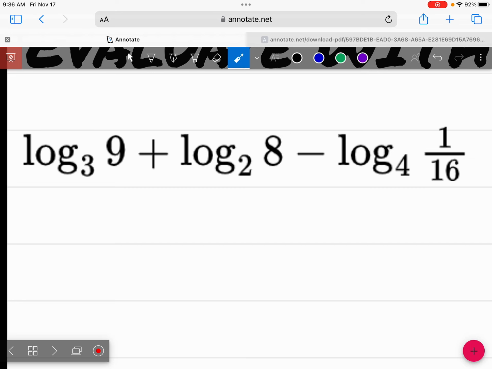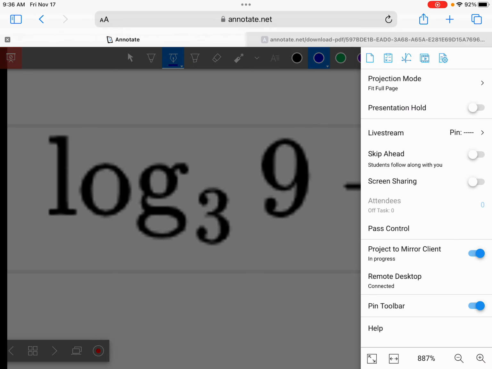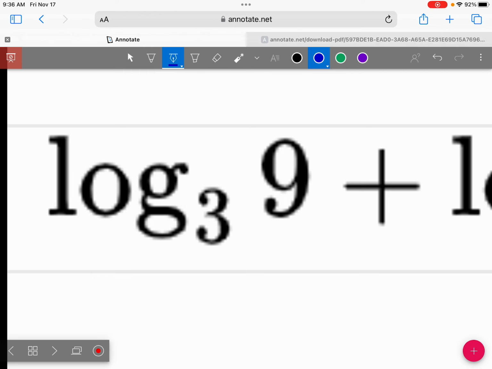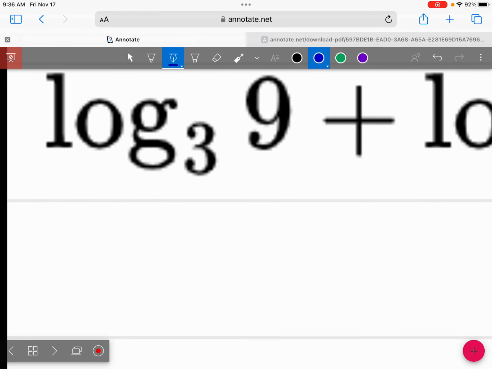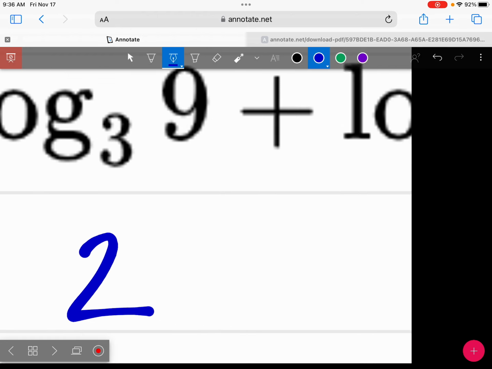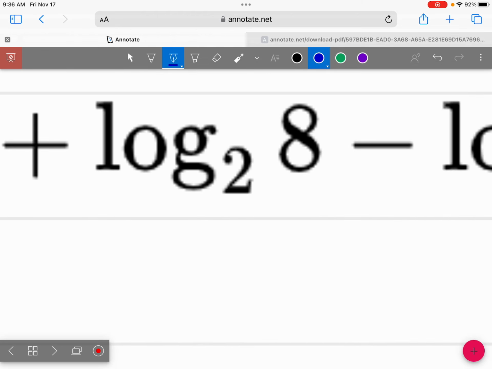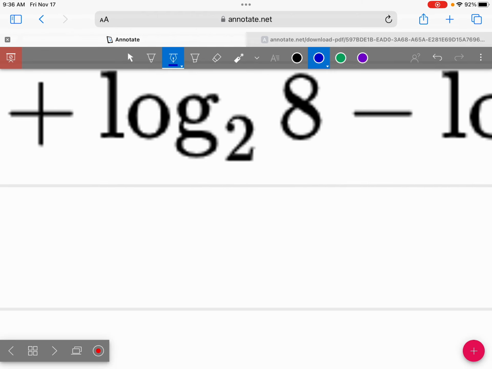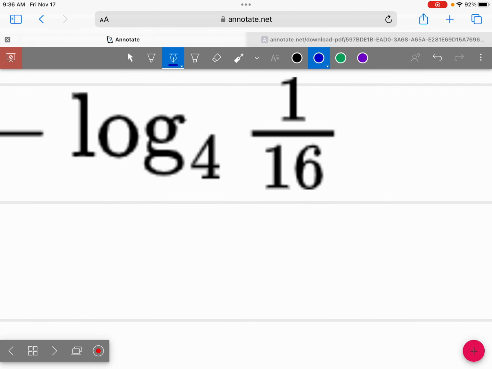Log base 3 of 9 is what? So just look at this. What is log base 3 of 9? 2. 3 squared gives us 9. What is log base 2 of 8? 3. What is log base 4 of 1/16? -2.